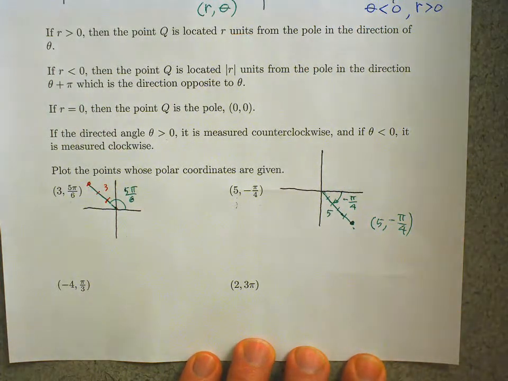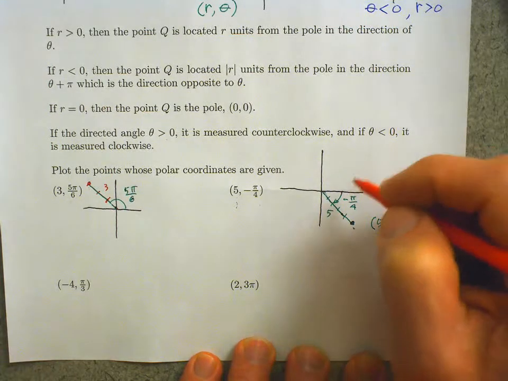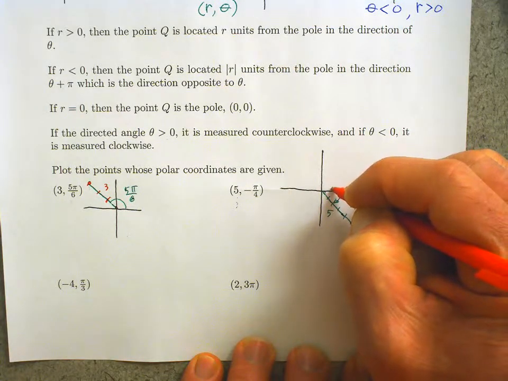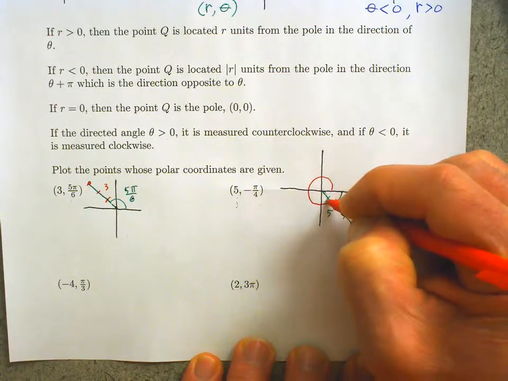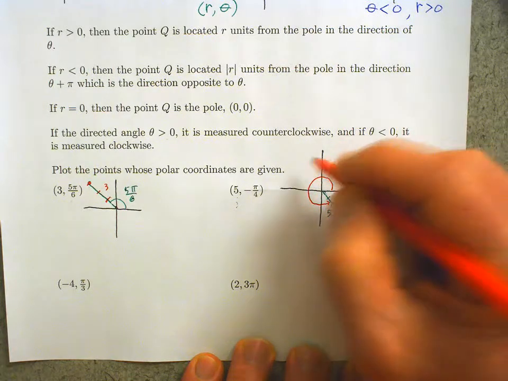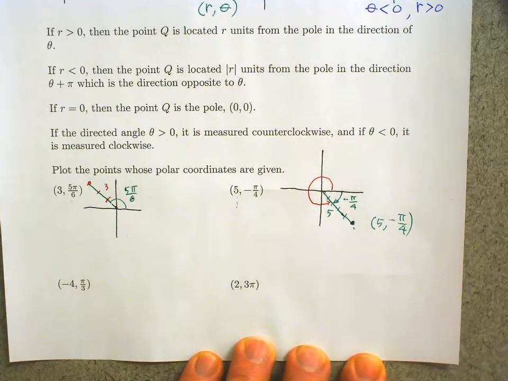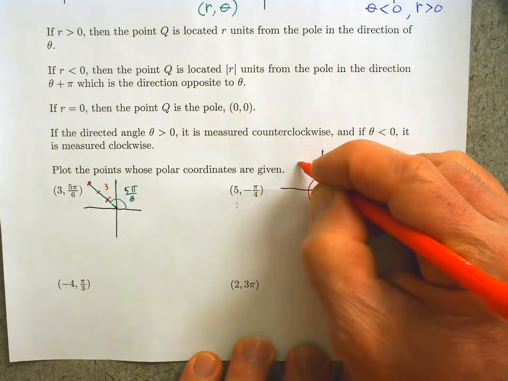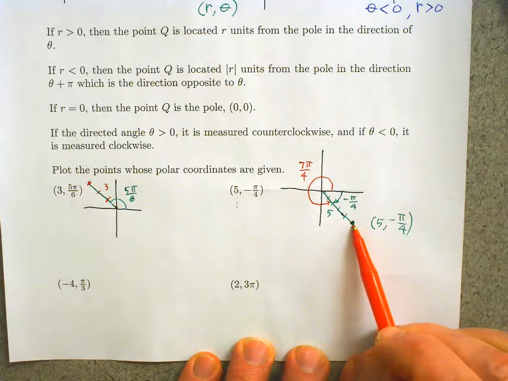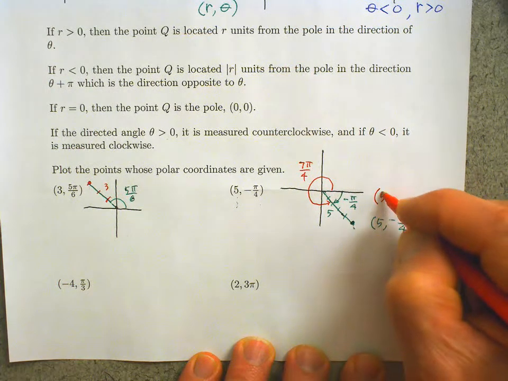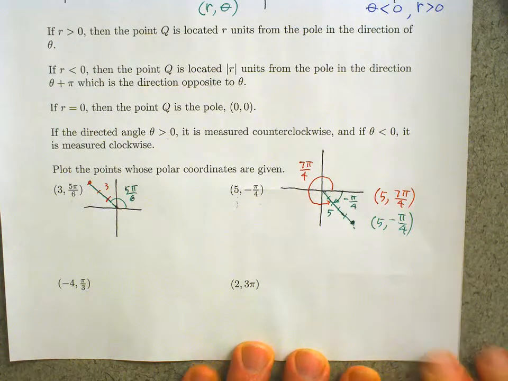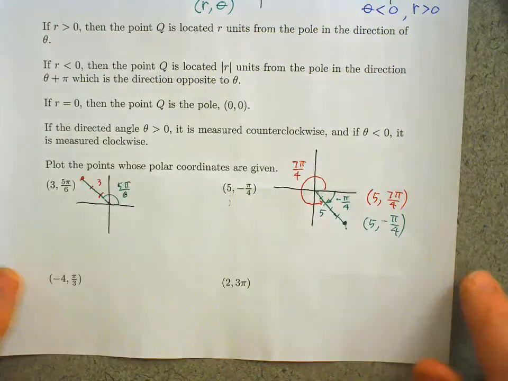So note, I'll point out something. If we would rather have a positive angle and move counterclockwise, then that angle would be 7 pi over 4. And so we can represent the same point by writing 5, comma, 7 pi over 4. More about that in a few minutes.